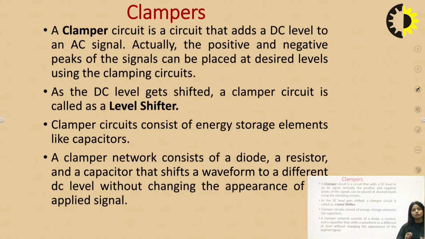So the capacitor gets charged and remains in its charged position for getting the output waveform. This is how you will identify the clamping circuit: it should always have one capacitor along with the diode and the resistor, right?